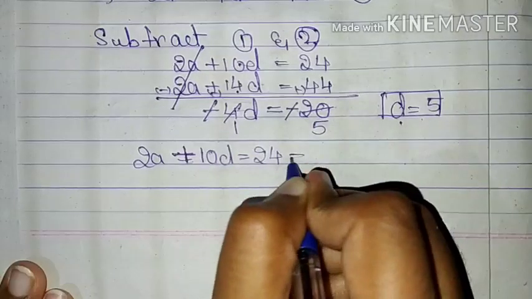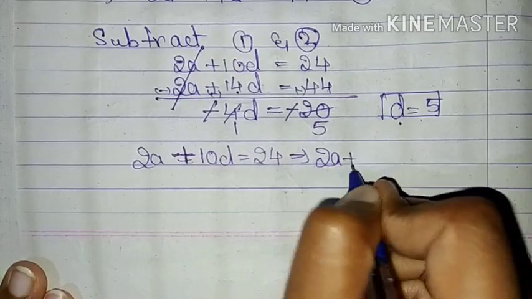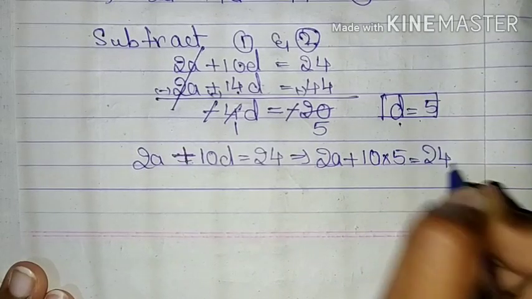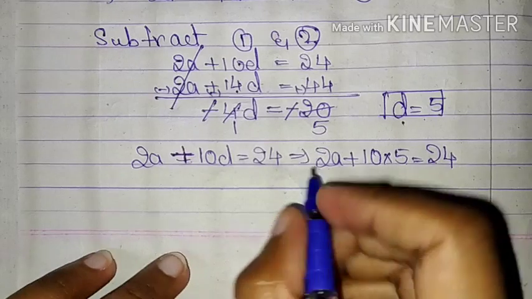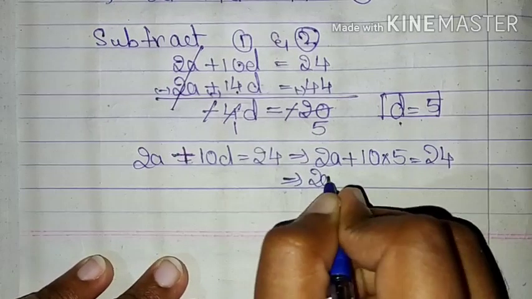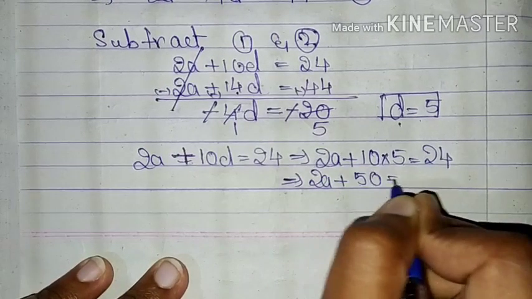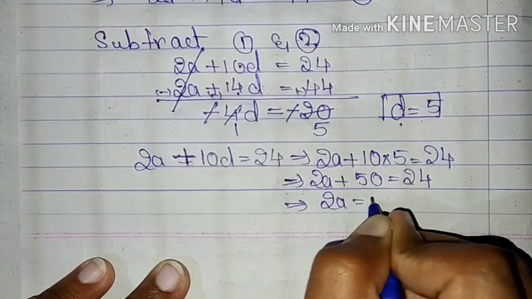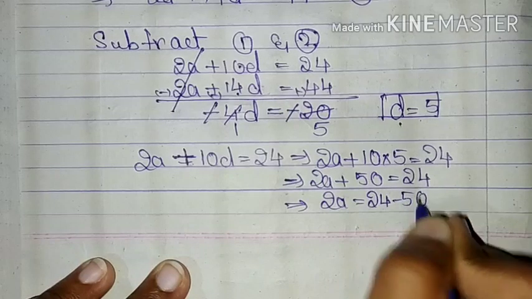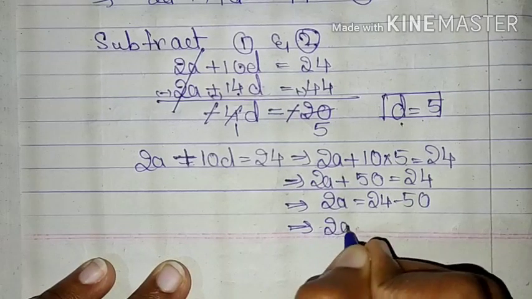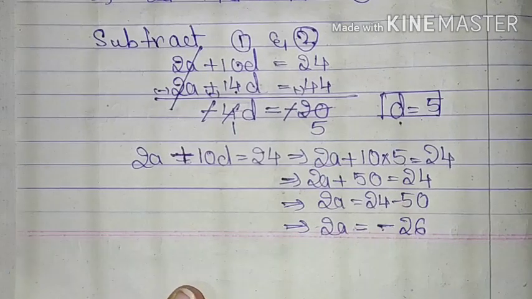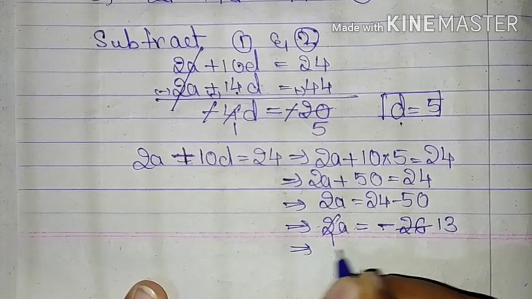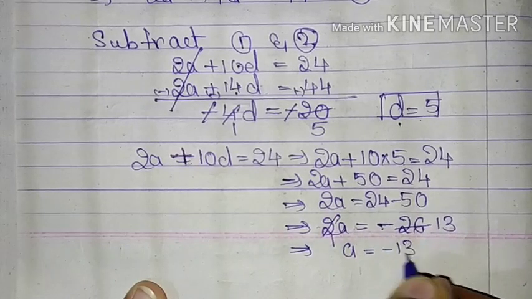This implies 2A plus 10 into 5 is equal to 24. This implies 2A plus 50 is equal to 24. Once again, this implies 2A is equal to 24 minus 50, which is nothing but 2A is equal to minus 26. 2 13s are 26. This implies A is equal to minus 13.